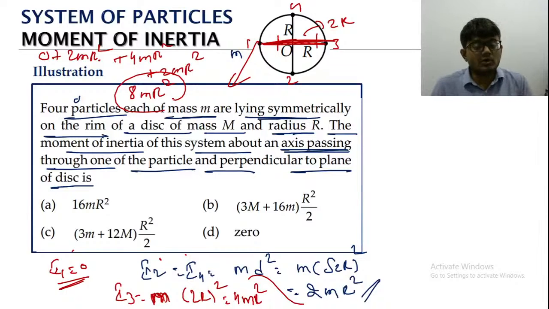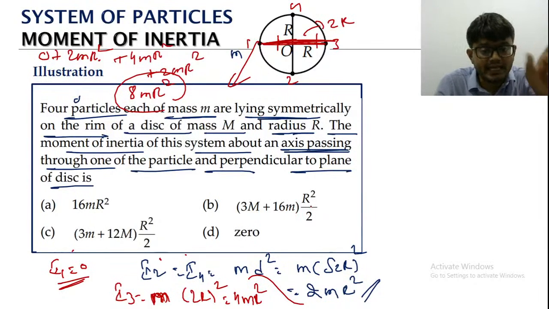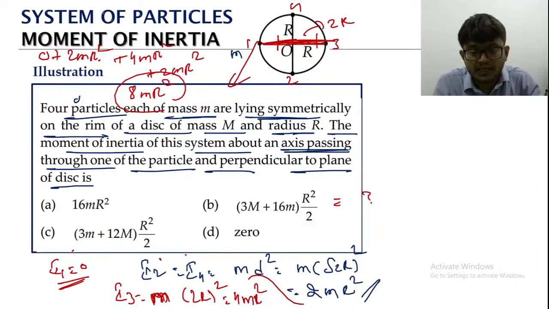Because it is an MCQ type of examination, right? By now itself we can guess the answer, because only one of these options is having 8 mr square. Check which one? Option B, right? Look at this. If you open up this one, what is it? 3 capital M r square by 2 plus 16 into half is what? 8 small m r square.